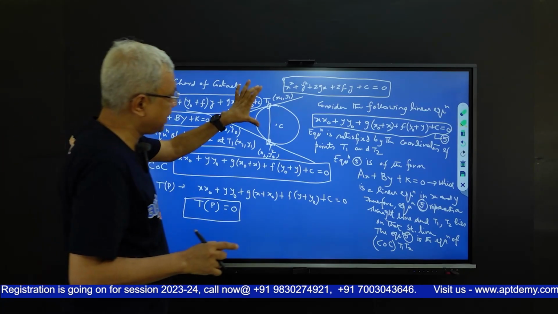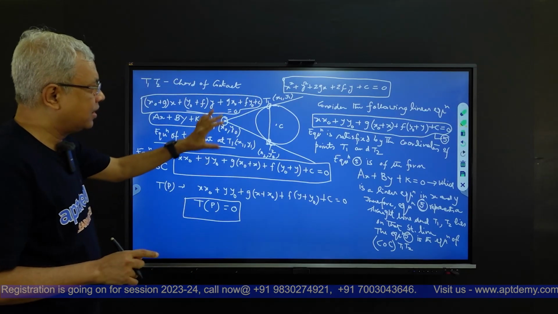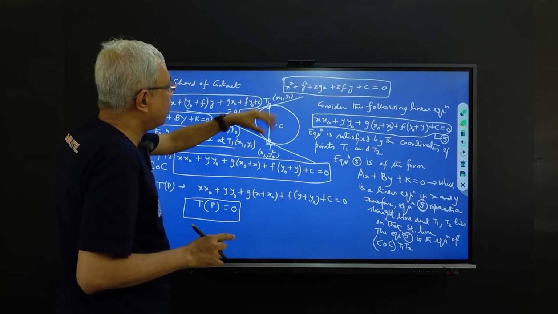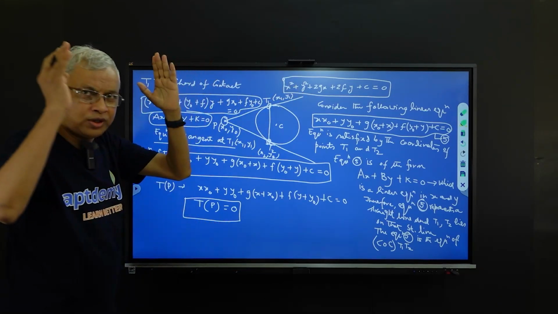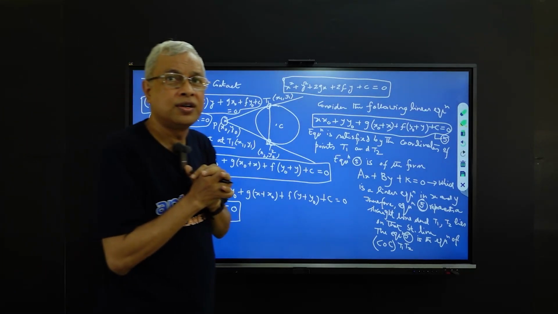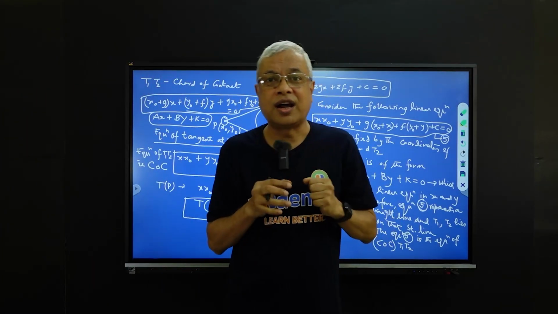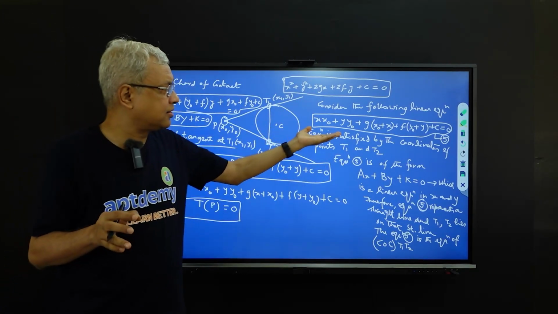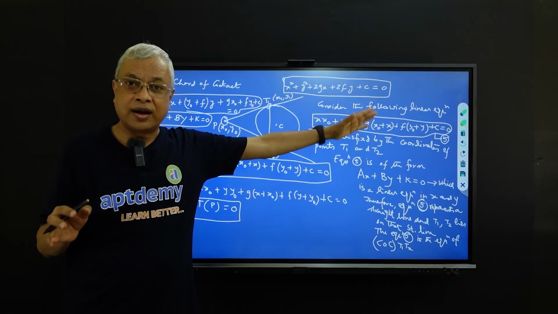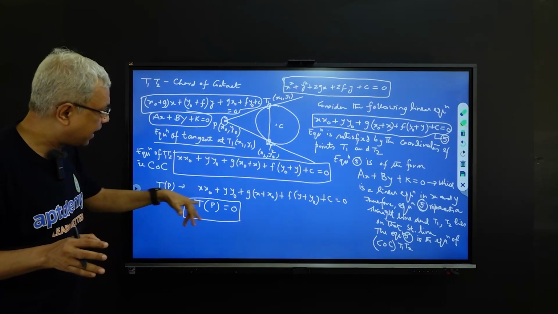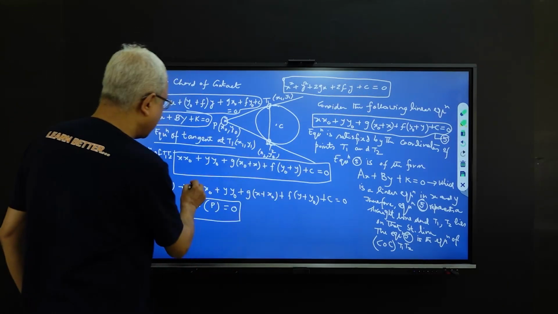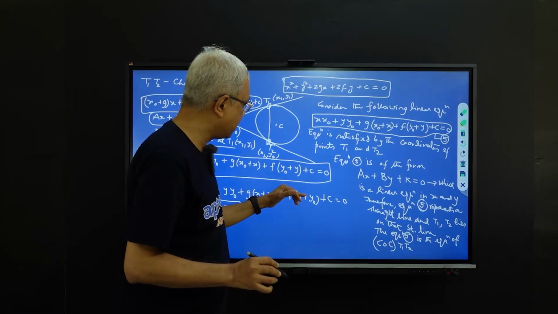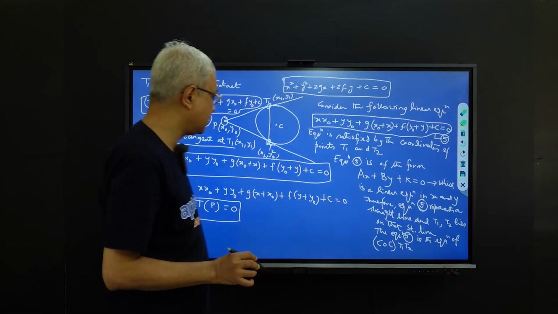Though x0, y0 is actually not lying on the circle, hypothetically assume that it is. Had x0, y0 lied on the circle itself, the equation of the tangent at that point would look like this: x0 plus y0 plus gx plus x0 plus fy plus y0 plus c equal to 0.